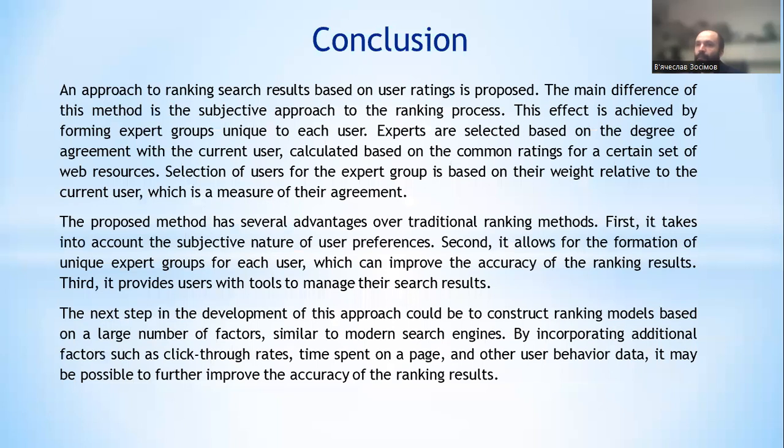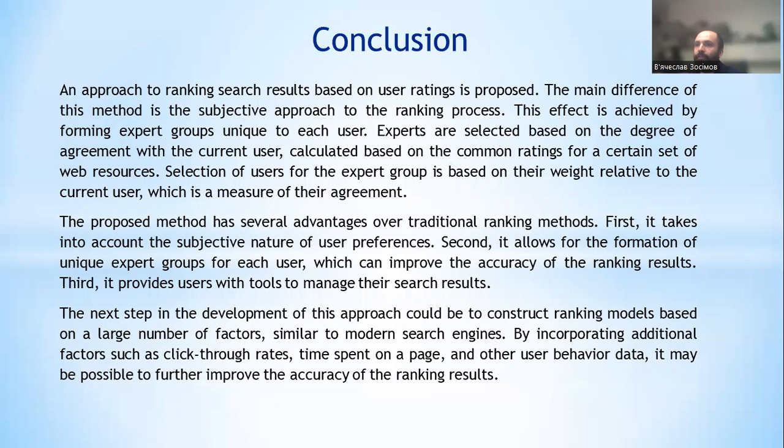Conclusions. An approach to ranking search results based on users' ratings is proposed. The main difference of this method is the subjective approach to the ranking process. This effect is achieved by forming expert groups unique to each user.